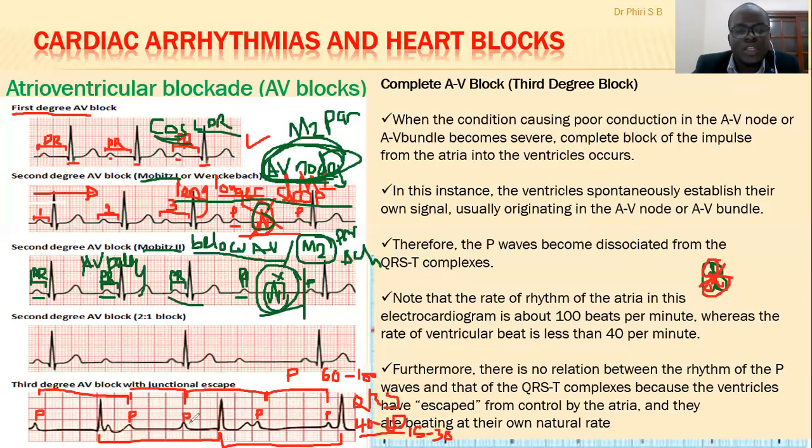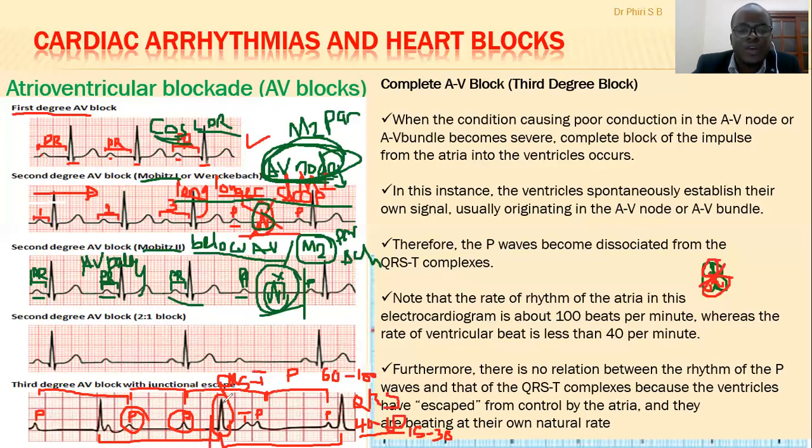So there is no coordination between the P wave and QRS complex. So you can see this P wave is not followed by QRS complex. Even this one, it can be followed by QRS complex, but it's not as a result of the conduction of this P wave because it's not being conducted. So you have the ventricle here that is contracting on its own. Then you can have a T wave here because after the QRS complex, you're going to have QRST.